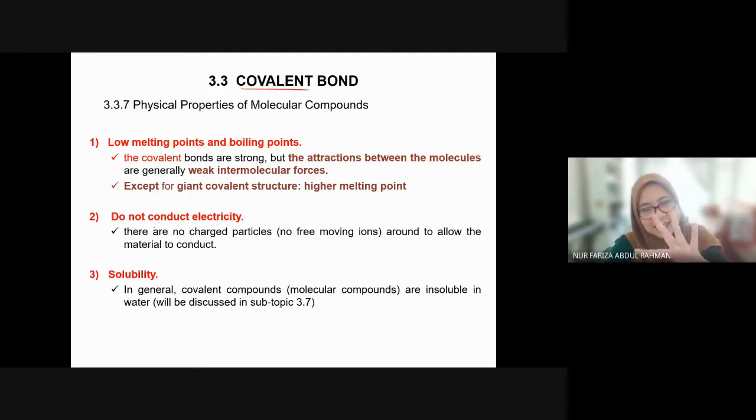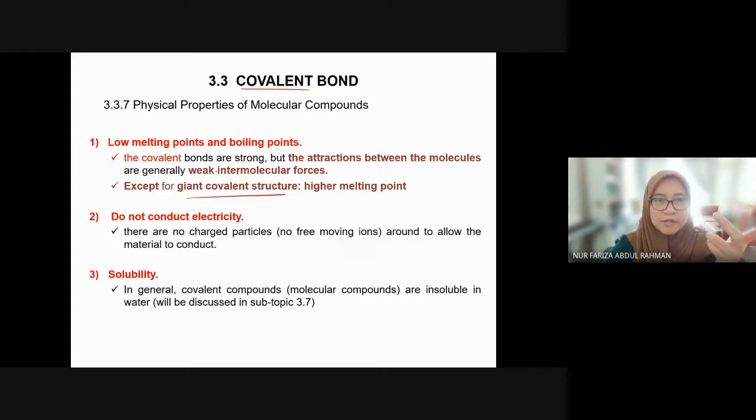It's basically the opposite of ionic compound. Kalau ionic compound has higher melting and boiling point, but for covalent, okay, ini please be careful. Covalent, remember kita ada dah belajar dua structure of covalent, the normal covalent bond dengan the giant covalent structure.